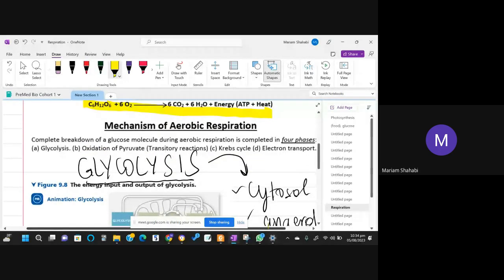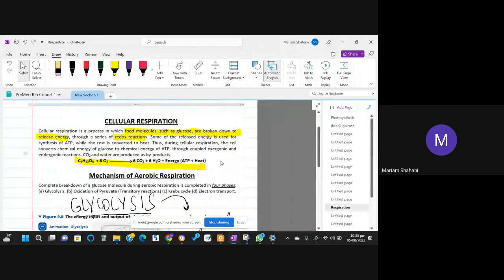So respiration is of two types, aerobic and anaerobic. In aerobic we consume oxygen, and in anaerobic we don't.